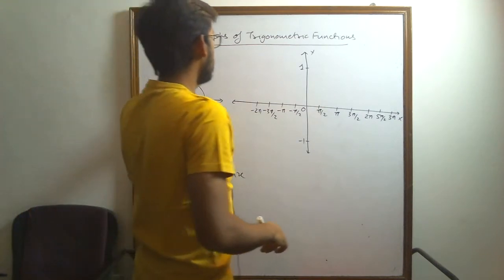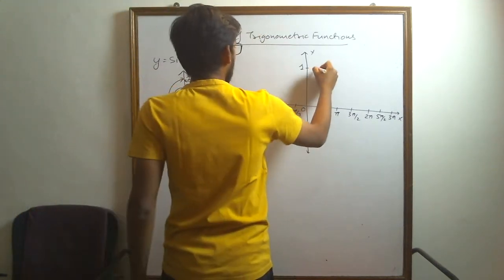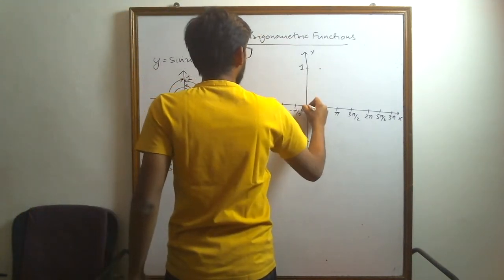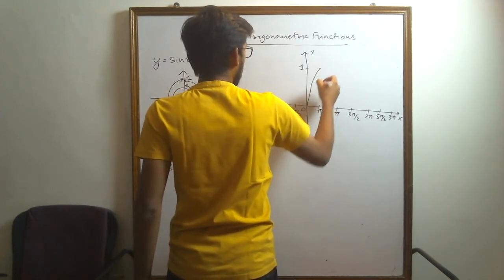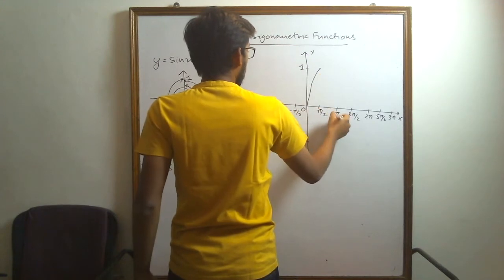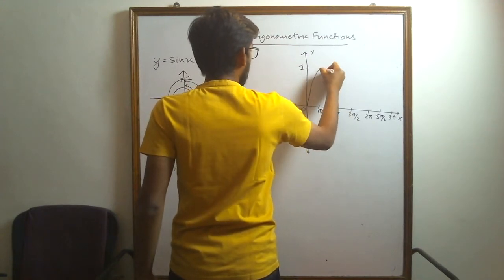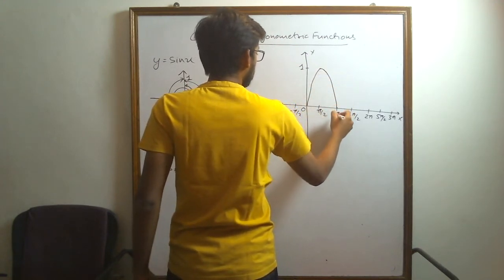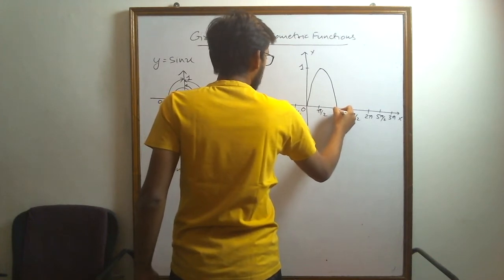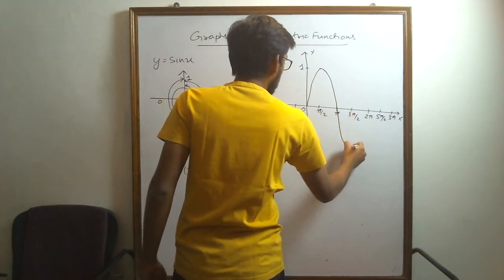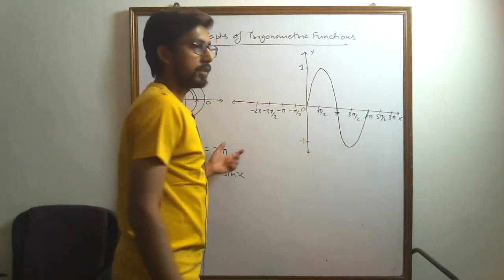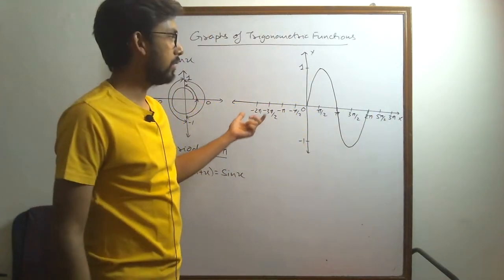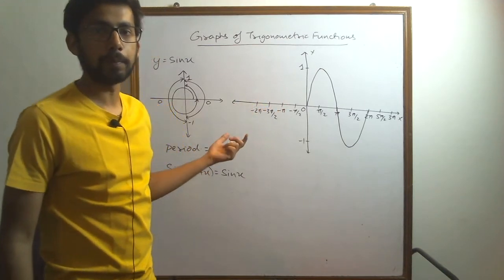If I use this information to draw the graph, it will be something like this: 0 to 1 from 0 to pi by 2, between pi by 2 to pi it goes from 1 to 0, then from 0 to minus 1, and then from minus 1 to 0 again. And this is all that we need to draw, because we have covered the complete period.